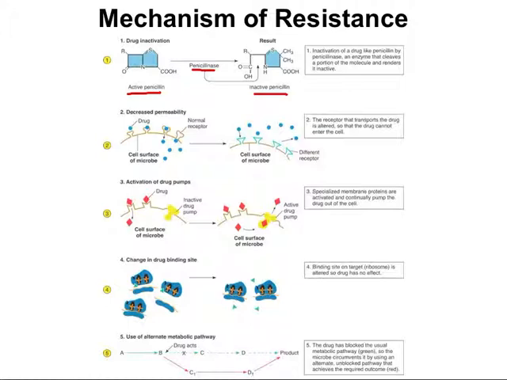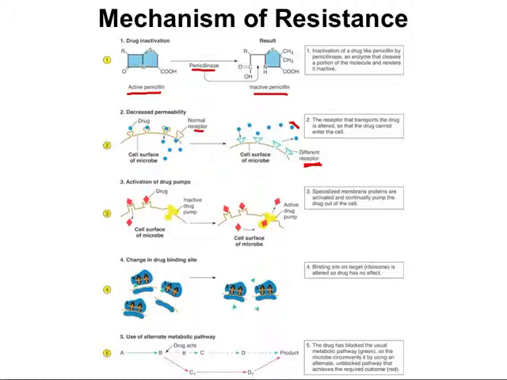You have normal receptors shown over here. Now, if there becomes a mutation in the DNA or an R factor that now codes for a different receptor protein, the antibiotic cannot even enter the cell. Another strategy would be to activate drug pumps. These are specialized membrane proteins that are activated and continually pump the drug out of the cell.